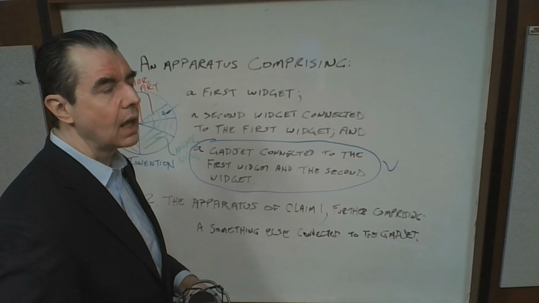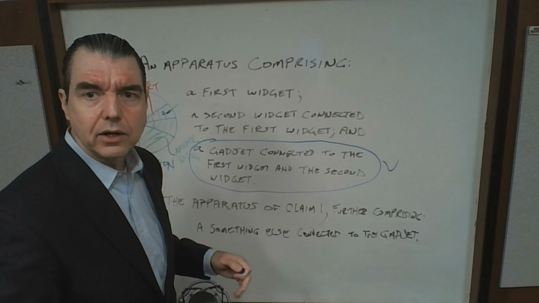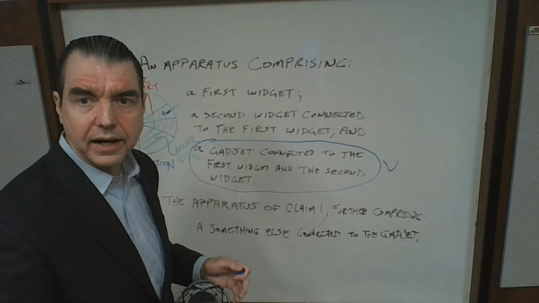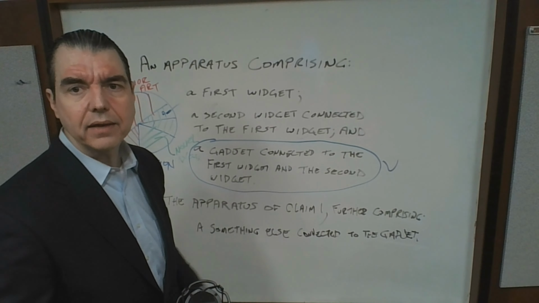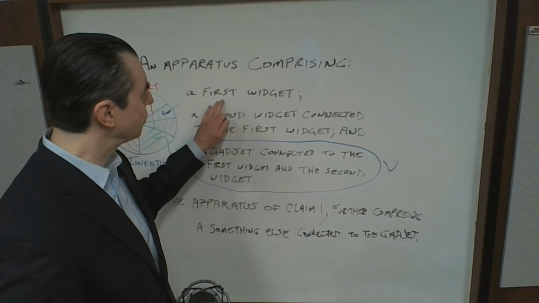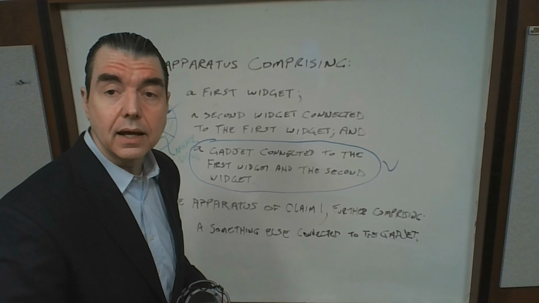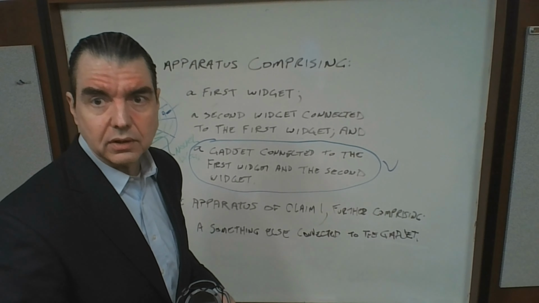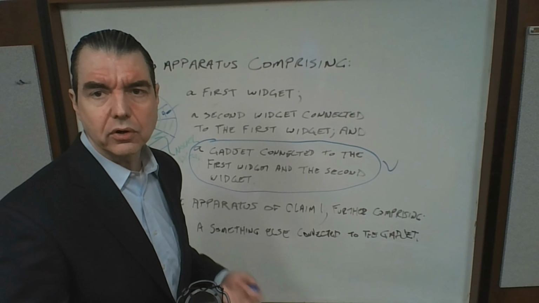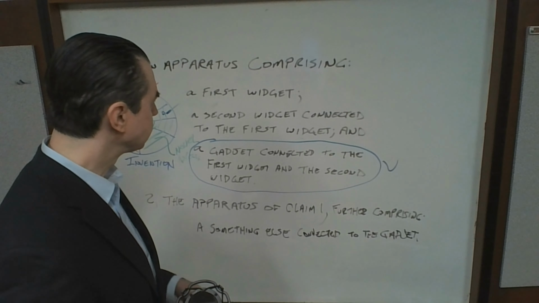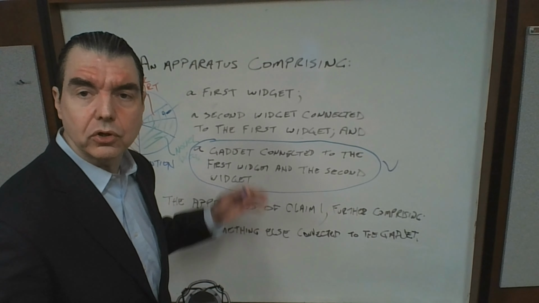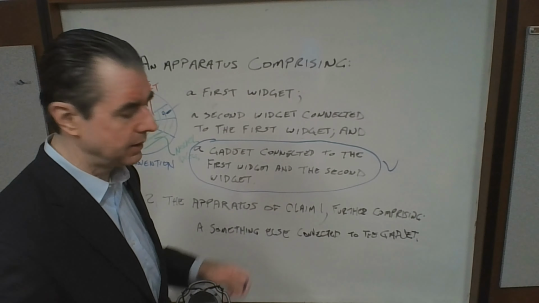Now, let's say that it turns out that your invention is defined not necessarily by the second widget, but by the first widget and the gadget, and the second widget is an ancillary thing that, if it wasn't present, wouldn't be needed for your invention to operate. In that case, you could draft this claim more broadly.